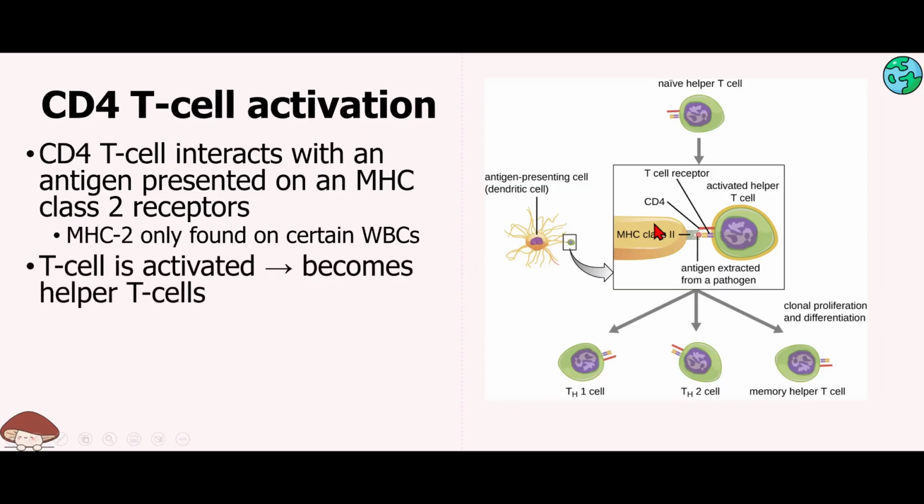And when this interaction happens, the T cell becomes activated. And when a T cell becomes activated, if it is a CD4 T cell, it is going to become a bunch of different types of helper T cells. So we call them TH, H for helper. There's a bunch of different types, and then there's also the memory helper T cells. And these are going to be important for remembering the bacteria or virus for later.